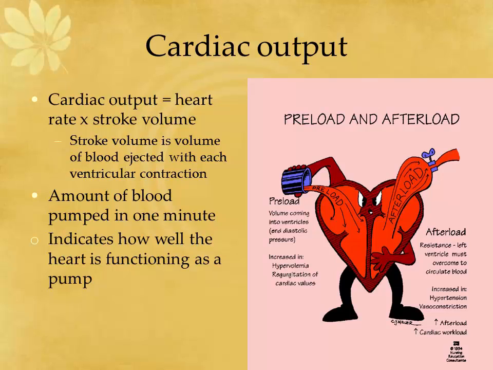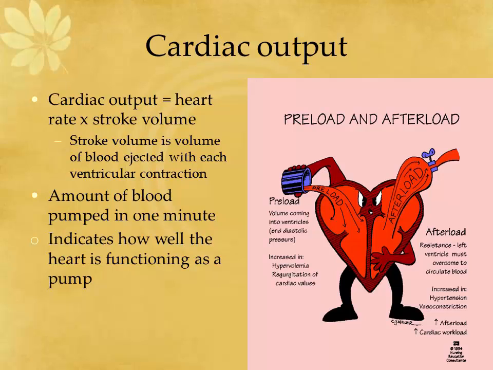But we have to keep in mind that that's a compensatory mechanism, meaning that if need be, the heart will alter heart rate in order to maintain cardiac output in response to changes in stroke volume.